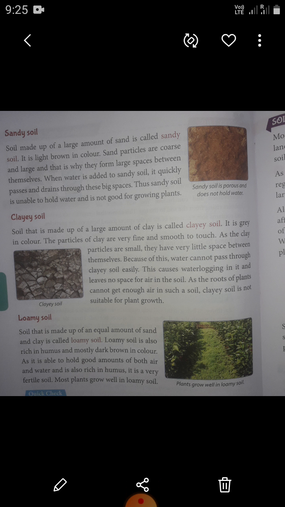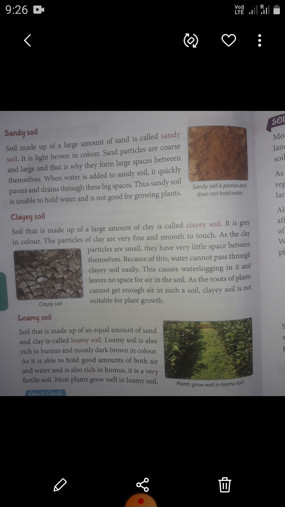Next soil is loamy soil. Soil that is made up of an equal amount of sand and clay is called a loamy soil. Loamy soil is mostly dark brown in color, as it is able to hold good amounts of both air and water, and is also rich in humus.